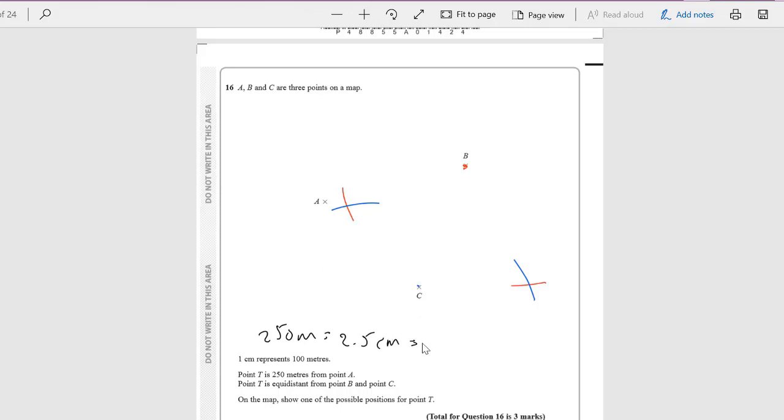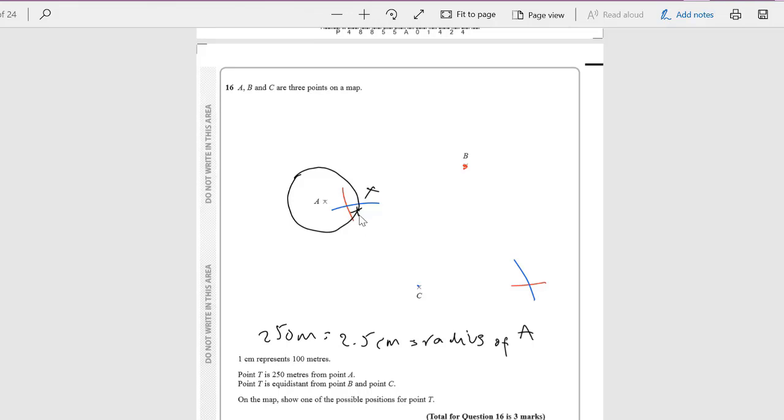So that's now a radius of A, or the circle A. So if we take that point there and we draw out a circle, again, this is going to be a very rough looking circle, please excuse it. And then now we have all the points. We can see that T will be there.